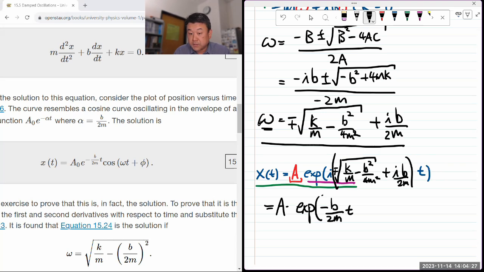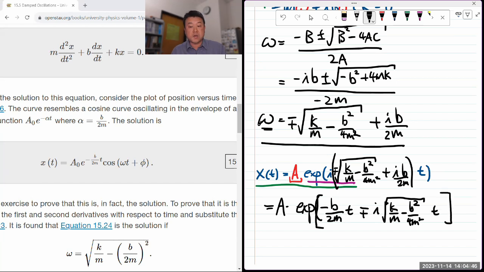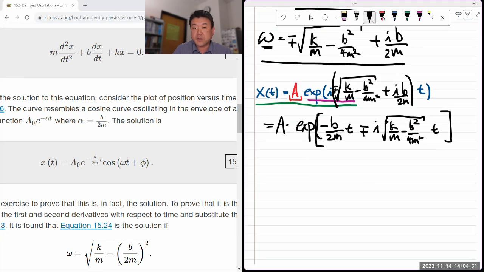This is a real part. And then let me write the imaginary part. Minus plus i square root of k over m minus b squared over 4m squared times t. And using the exponential algebra rules, I can separate out these two terms.